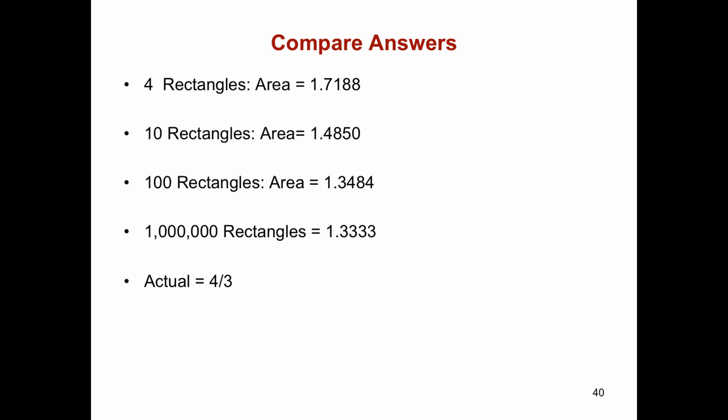This is 4/3 for all intents and purposes, or rather, if I'm looking at 4 decimal points only. Okay? So I'm going to get closer and closer to the actual result, but this is a numerical way to do that in the case that I actually don't have an exact solution.